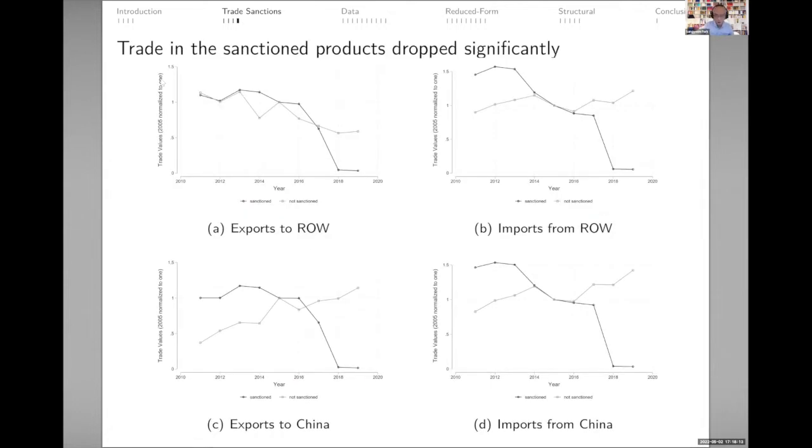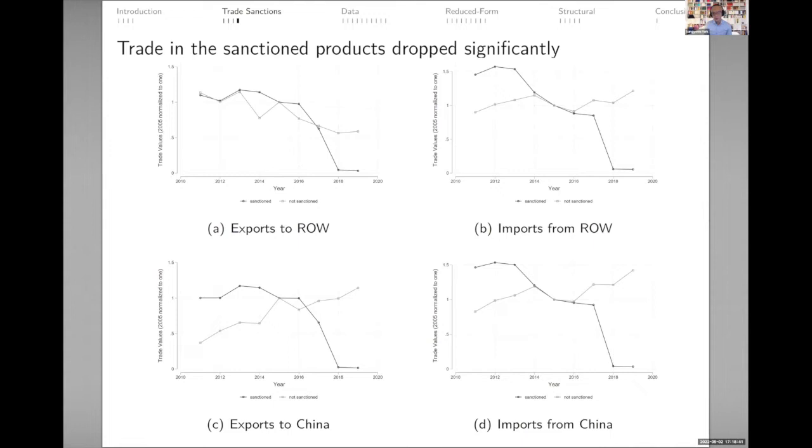This is just a descriptive view using the UN Comtrade data, of what was happening to North Korea's trade patterns. On the top left panel, it's North Korea's exports to the rest of the world. We can see that after the sanctions started to be imposed in 2016, the export of sanctioned products starts to drop and reaches almost zero.